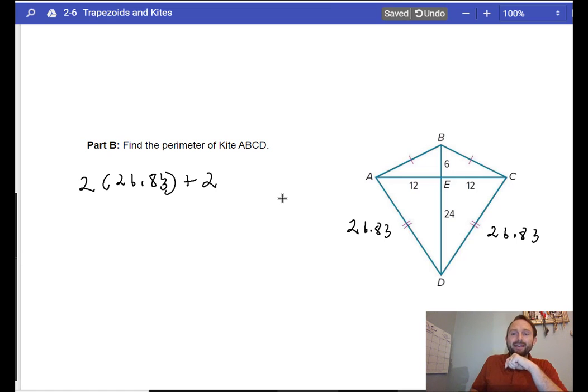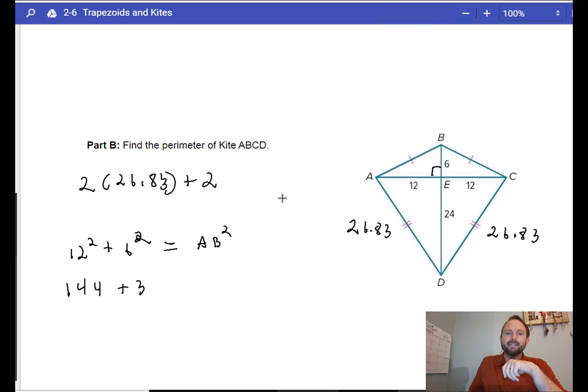So I'm once again going to use the Pythagorean theorem. I'm going to do 12 squared plus 6 squared, squared, not degrees, to figure out the hypotenuse, AB squared. So I'll get 144 plus 36 is equal to AB squared. Adding those together, I get 180 is equal to AB squared.